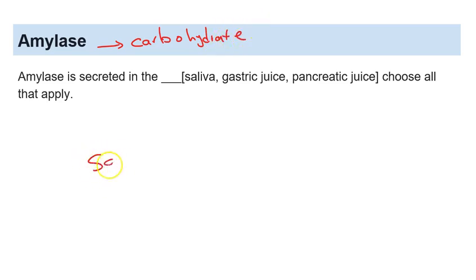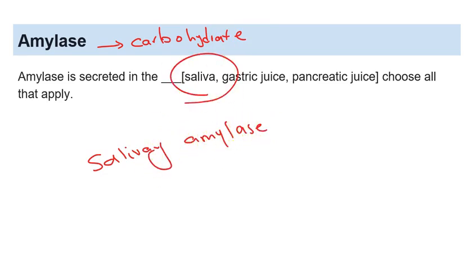We have salivary amylase, which is going to be found in saliva. And also we have the pancreatic amylase, which is going to be released by our pancreas, and is also found in pancreatic juice and then inside of the small intestine.